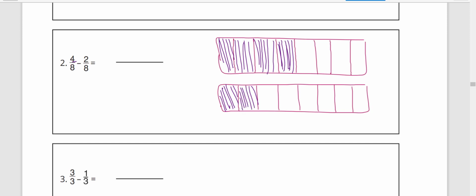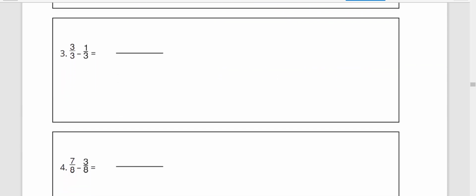When we subtract two fractions, write the same number in the denominator and subtract the two numbers in the numerator. 4 minus 2 equals 2.